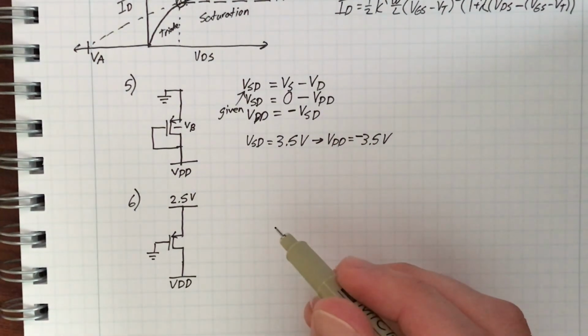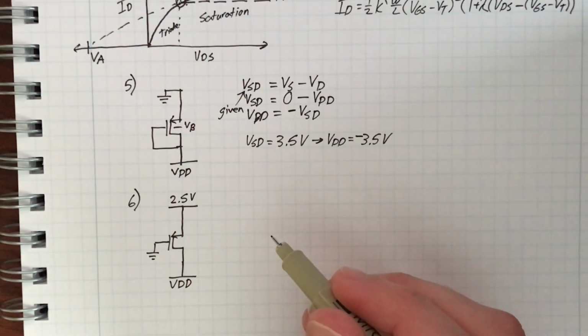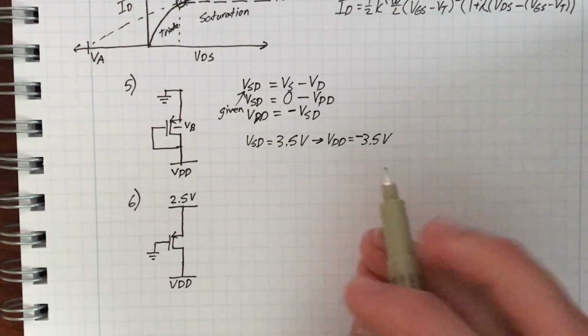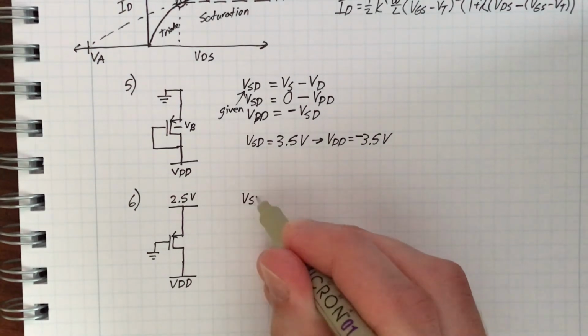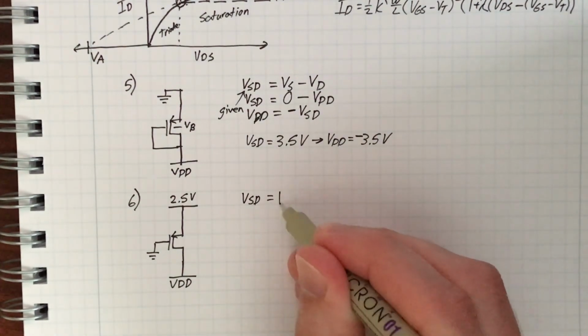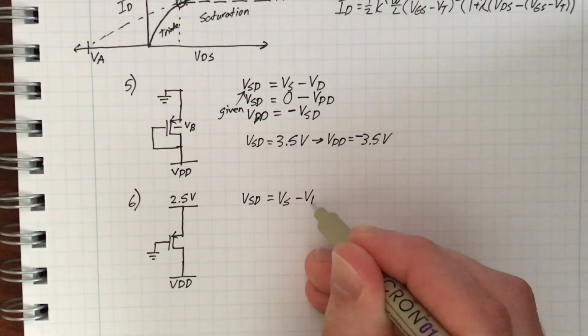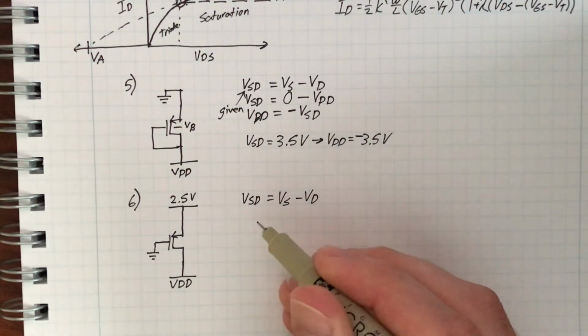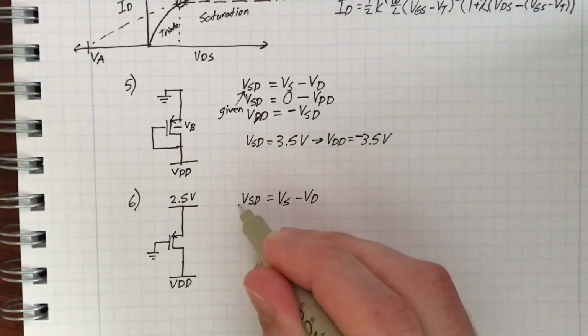So again, they give you VSD values. But remember that that is equal to VS minus VD. So again, that is given.